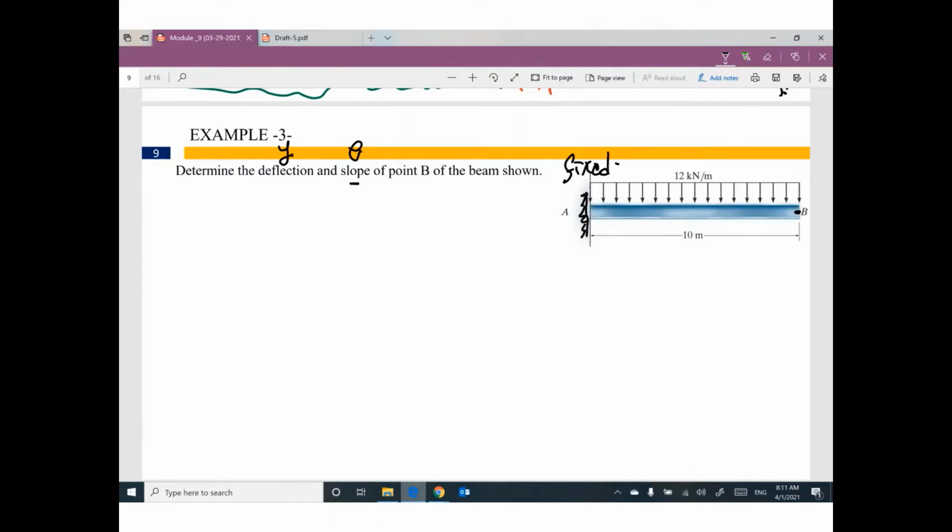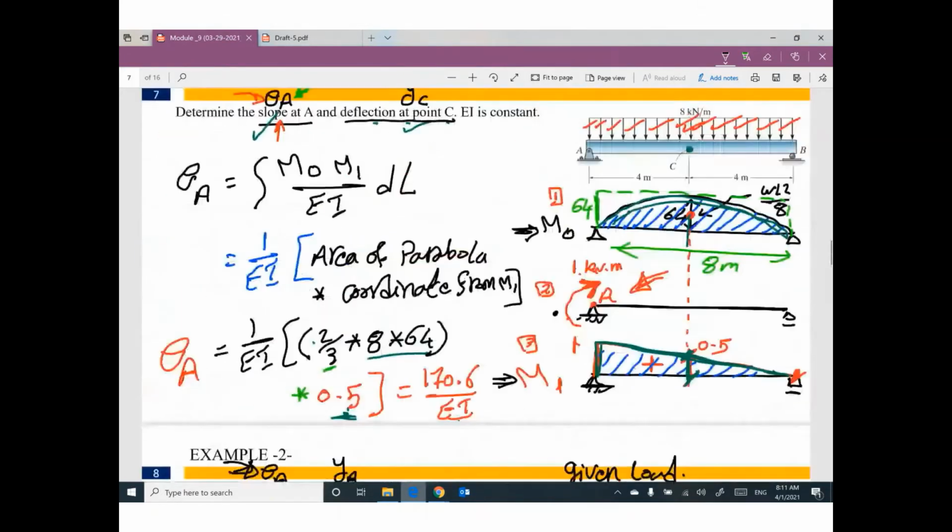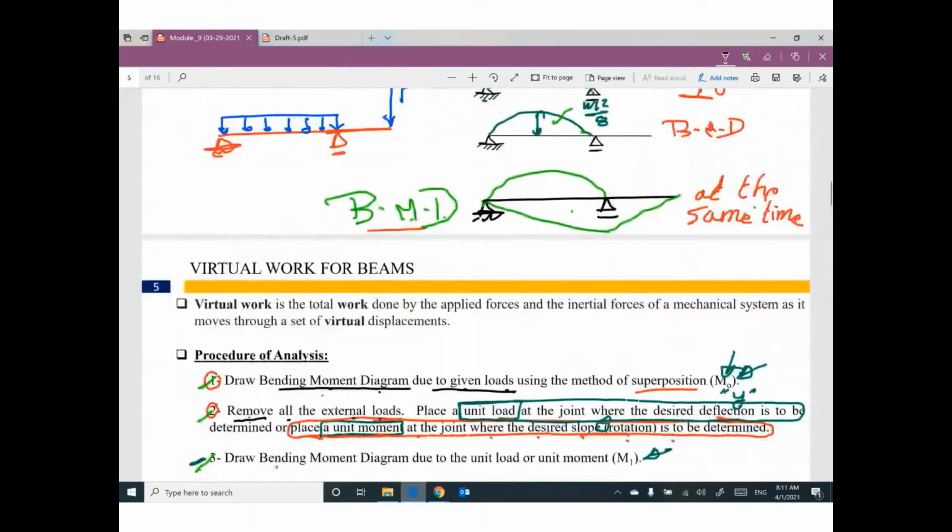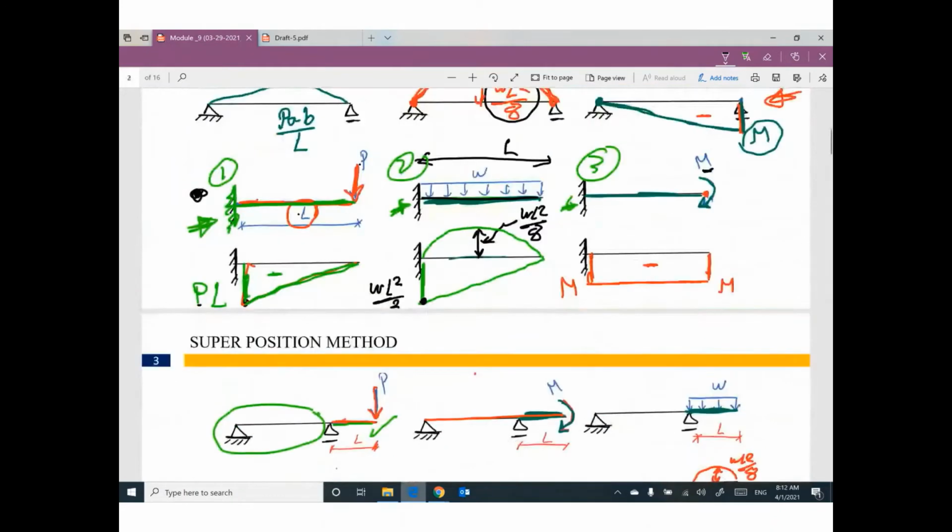So the first step, we need to draw the bending moment diagram, which is called M naught. I believe this is a cantilever fixed at A with a uniform distributed load, which looks like this case. Cantilever fixed from one end with a uniform distributed load.